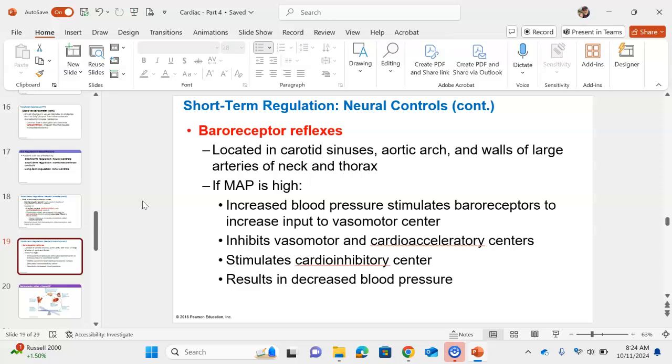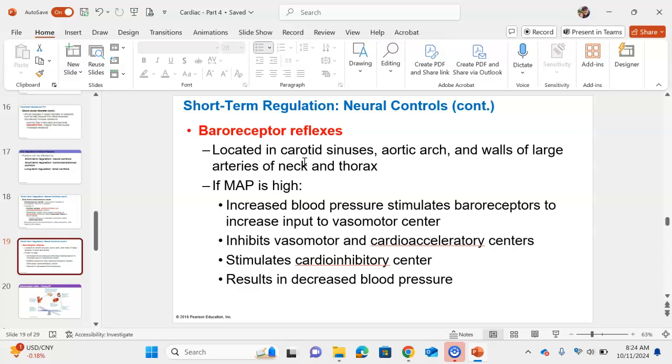And then the nervous system will initiate a response. So if our blood pressure drops, MAP drops like it says here. I'm not focusing on the high part, but when our blood pressure changes, MAP changes accordingly, right? So if blood pressure drops, MAP drops. If blood pressure goes up, MAP goes up. So what I want you to focus in on here is this overarching concept that if blood pressure changes, whether it drops or whether it goes too high, that's going to initiate a specific baroreceptor reflex that will then reverse whatever the stimulus was.